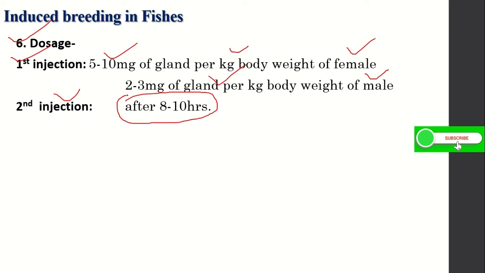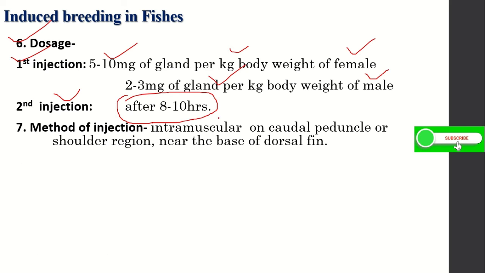The next step is the method of injection. The injection is given intramuscularly on the caudal peduncle or shoulder region near the base of the dorsal fin, with a 2 ml syringe.